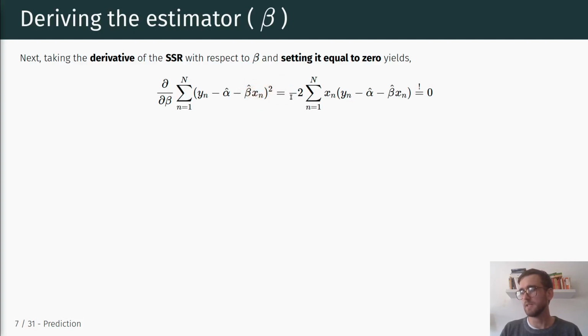So this becomes minus 2 times, and then again the sum from n equals 1 through n. But then there's an additional xn, which comes from the derivative of the inner part of that function using the chain rule. The derivative of minus beta hat xn with respect to beta is just minus xn. Okay, so that's why we have an additional xn here, and again we set this equal to 0, right?